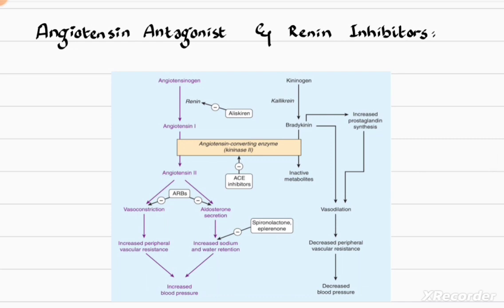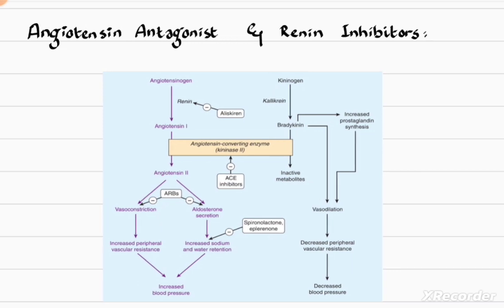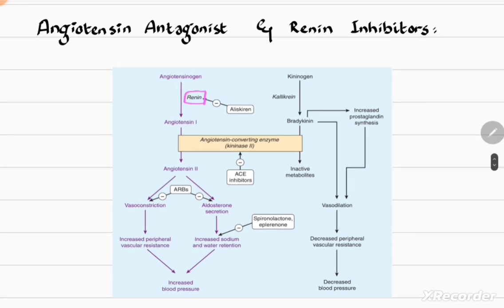You can see that there are two pathways happening simultaneously, and this is the renin, which initiates the cascade of events. It converts the angiotensinogen into angiotensin 1, which is an inactive compound, and this angiotensin 1 is converted into angiotensin 2 with the help of an enzyme, ACE, which is present in the endothelium.